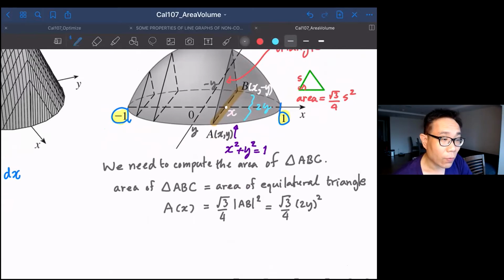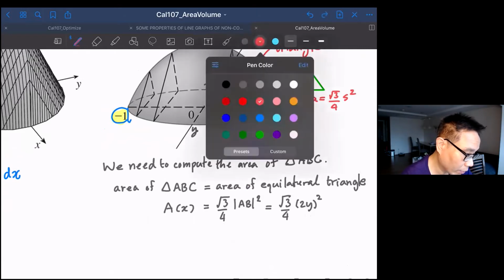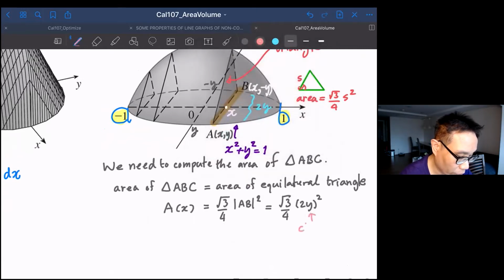So you need y in terms of x. So you need to change to x. Root 3 over 4 times 2y squared is root 3 over 4 times 4y squared.